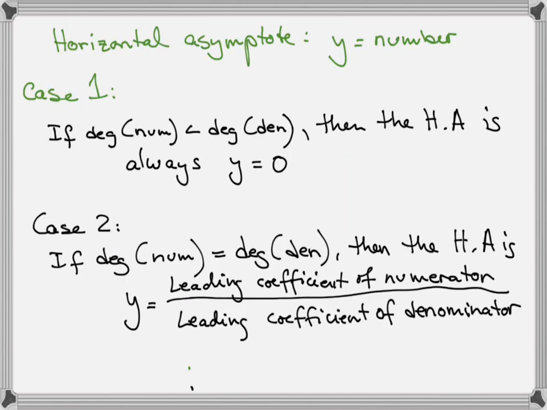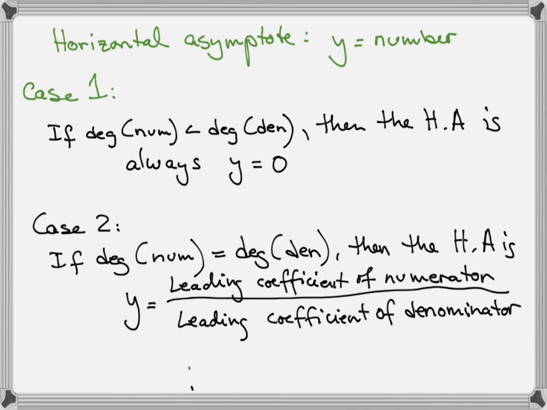Now, we also have horizontal asymptotes. There are two cases. There are actually 3 cases, but we only talk about 2 because the third case you will learn once you go into calculus. The cases of the horizontal asymptote, which is y equals a number, depend on the degrees in the numerator and denominator.